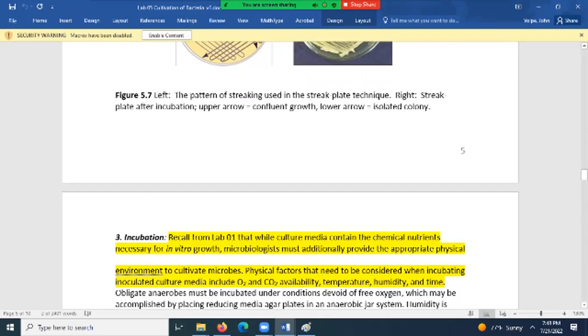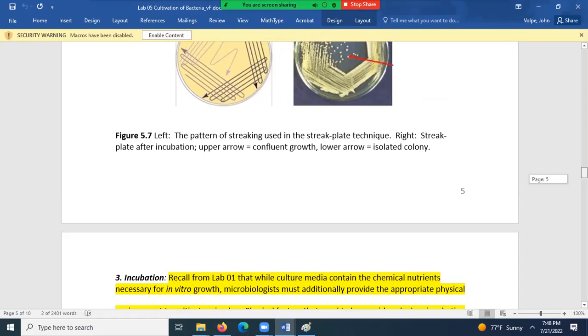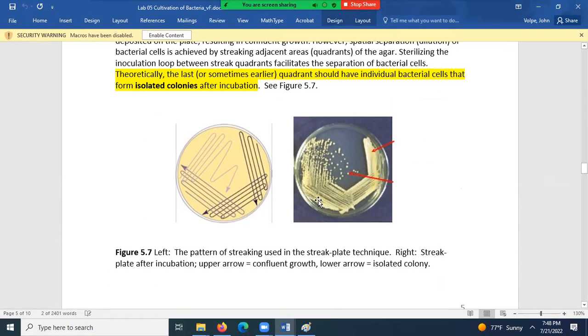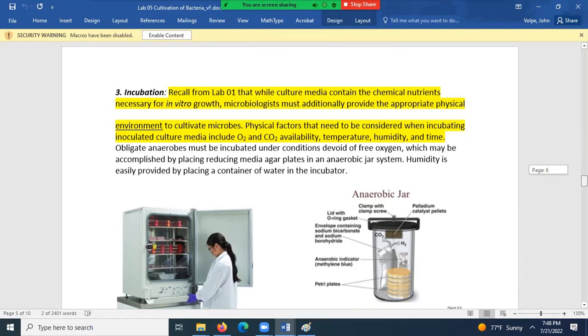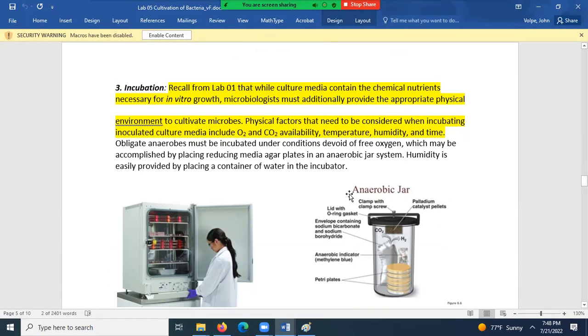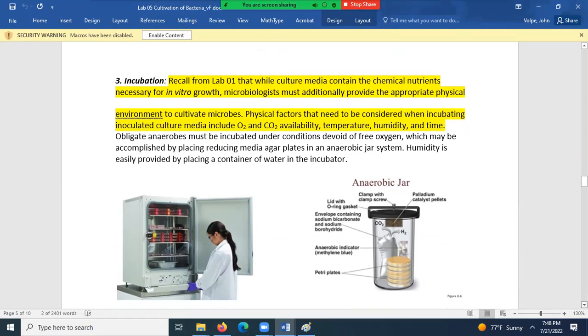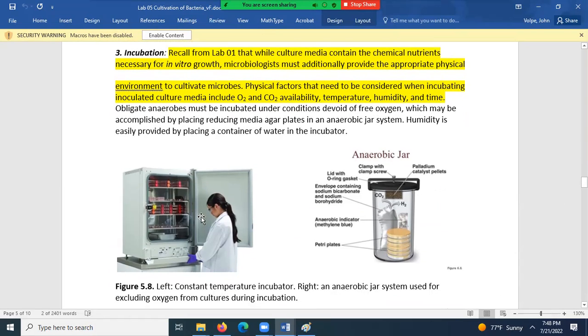All right, so you isolated the bacteria species, and now we have a pure culture of it. You have to incubate that culture, and usually that means putting it into an incubator, such as this, which provides an environment for getting the bacteria to grow. In the lab, we have very simple incubators.